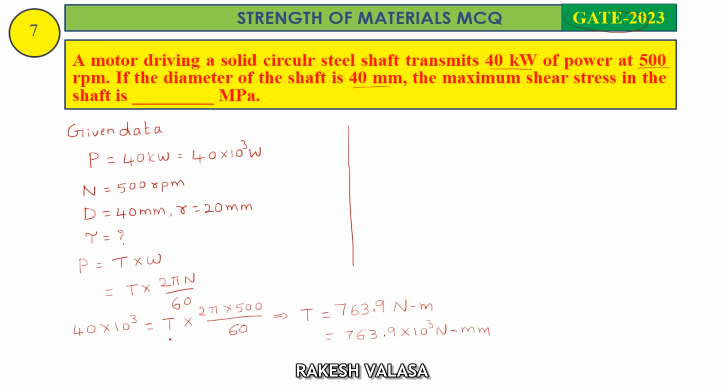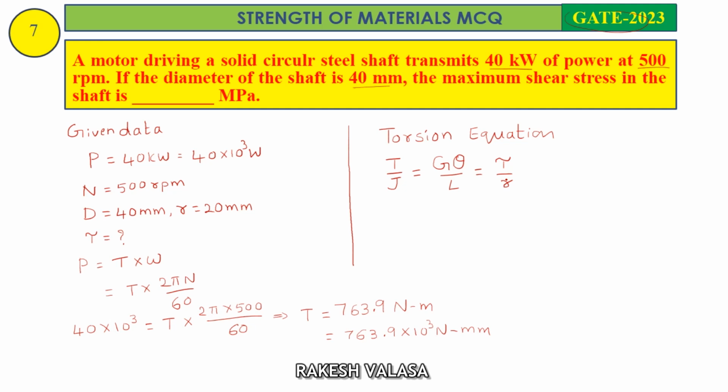We know torque, so we know the torsion equation. In strength of material, the torsion equation is T by J equal to G theta by L equal to tau by R.